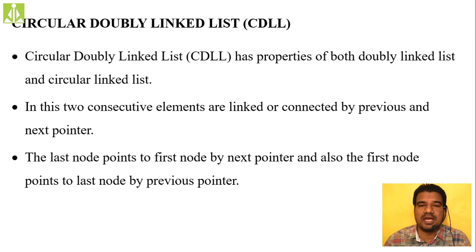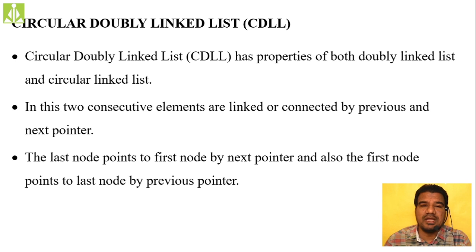All the nodes will be connected in a circular fashion. So to form that connectivity, the next pointer of the last node should point to the first node, and the previous pointer of the first node must point to the last node. That is the only change we are going to have between your doubly linked list and circular doubly linked list.